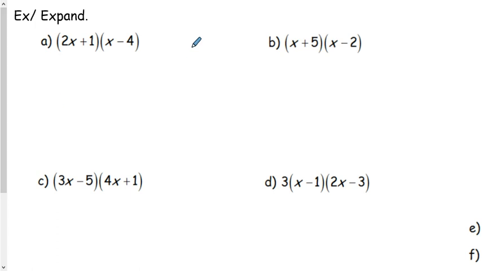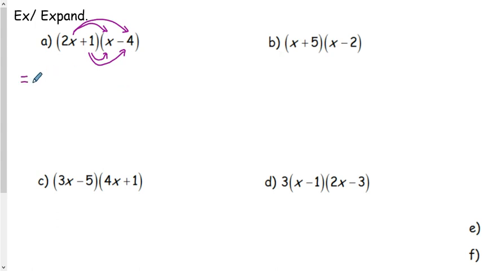So here we've got our first one, and it says expand. We've got 2x plus 1 and x minus 4. So we're going to draw those little arrows. Those are really helpful in making sure that we're getting all the things multiplied properly. So that's first, outside, inside terms being multiplied, and last terms being multiplied.